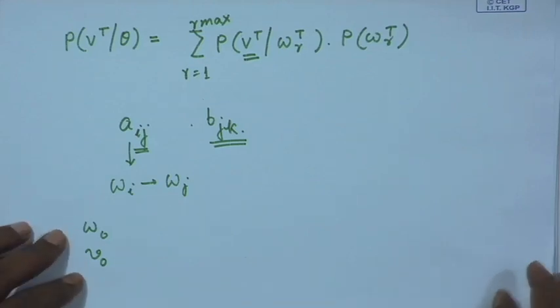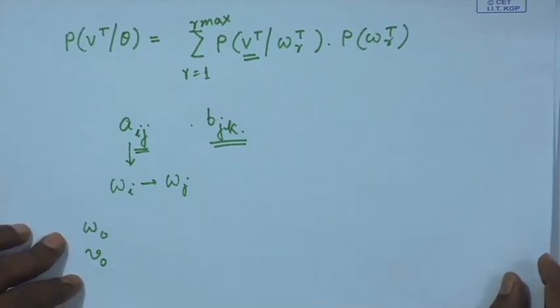And in order to do that, we have used two types of probabilities.